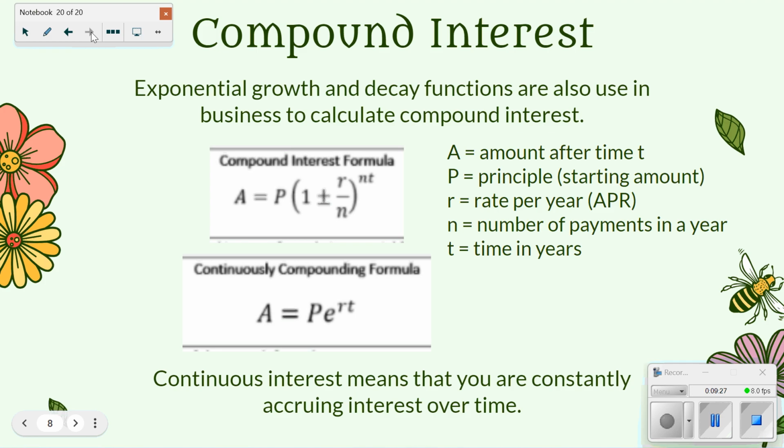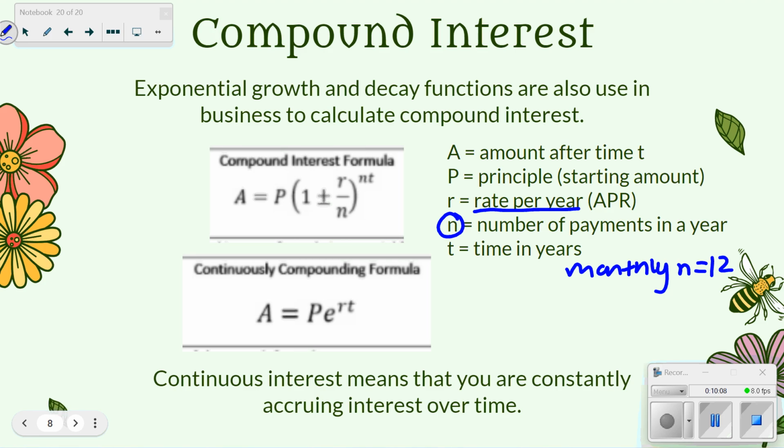So your R would be your rate per year. Remember, with our compound interest, it's always per year. And N is going to be the number of payments in a year. So with your N, you're going to have different situations for your problem. It might say monthly, that would mean your N would be 12. Quarterly would mean 4 times a year.